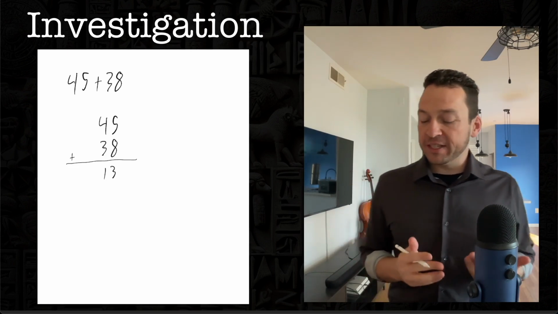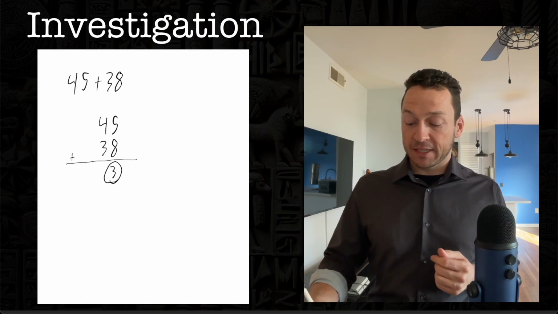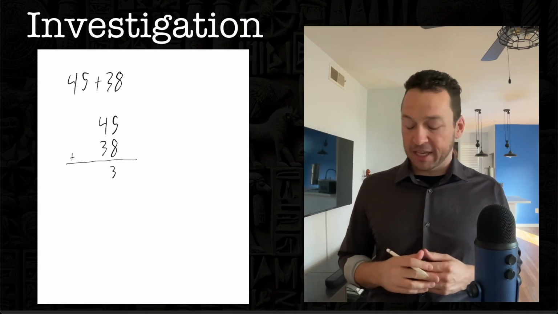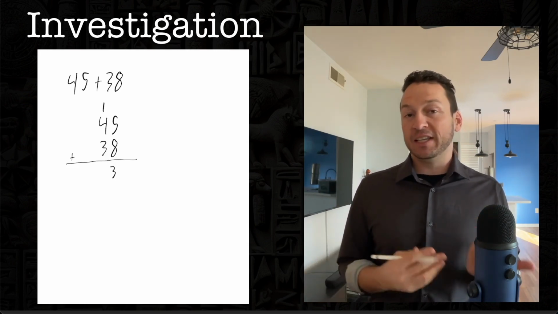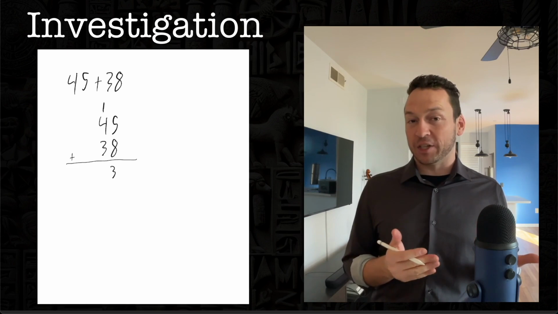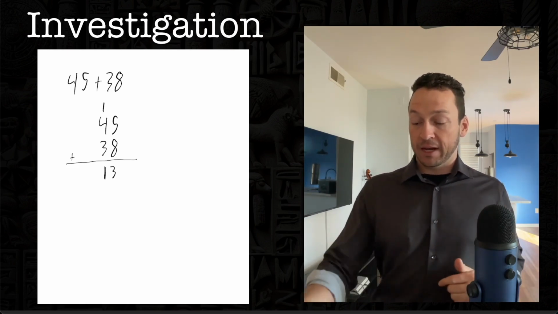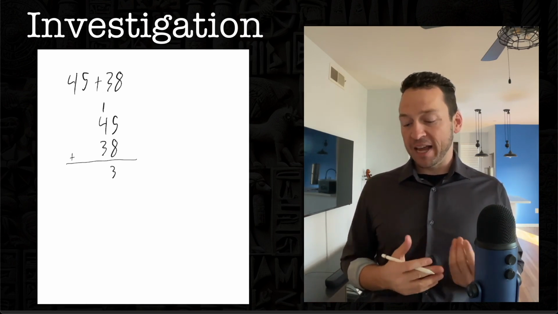And so he's only going to put the 3 here because this is the ones place right here. And he decides it's going to be more organized if he keeps everything all in the ones place. So he's going to take that 1, put it here, since that 1 is actually a 10, because 13 is 10 and 3. So he's going to put that 1 right here to be added to the tens place.